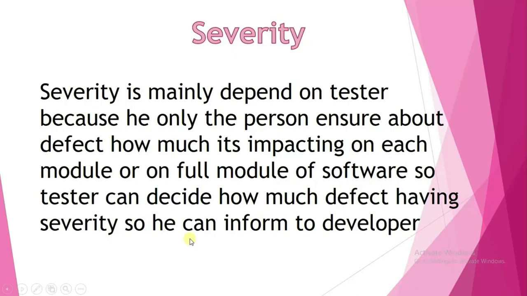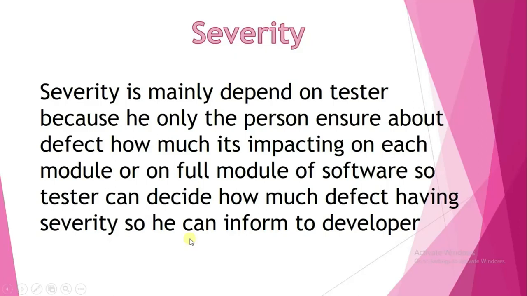If any defect occurs, the tester has to decide how much severity it has, whether it is low severity or high severity. That is decided by the tester. Compare it to a vehicle, which has so many parts, like gear, brakes and steering. If steering is not working properly, then it is urgent.